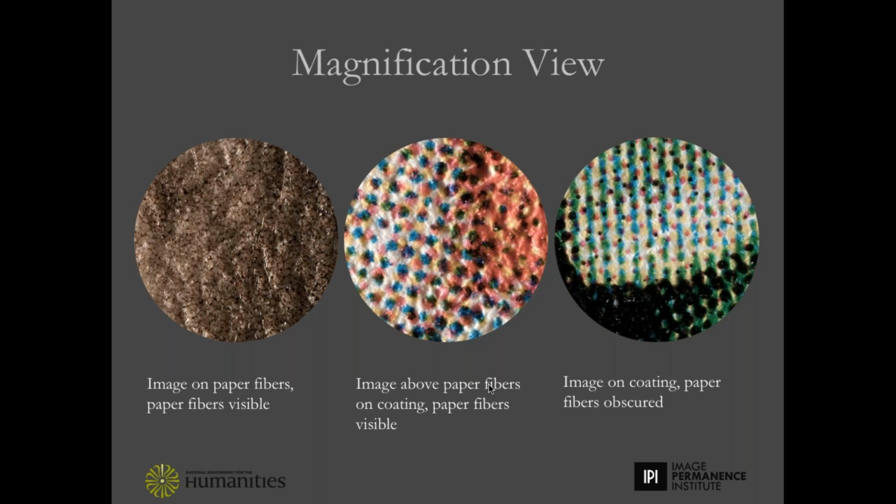The image is above the paper fibers on the coating, but the paper fibers are still visible. That's our center example here, and you can see where I'm pointing with the arrow, you can see the paper fibers. They're not super obvious, but they're definitely there. Coated supports that have a thick opaque coating will totally obscure the paper fibers, which is what we have at the end here on the right.